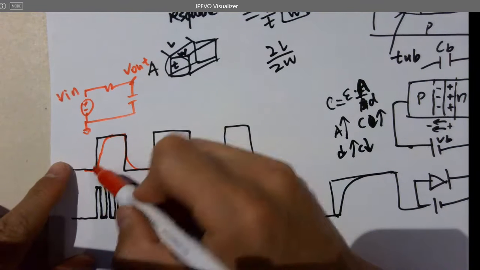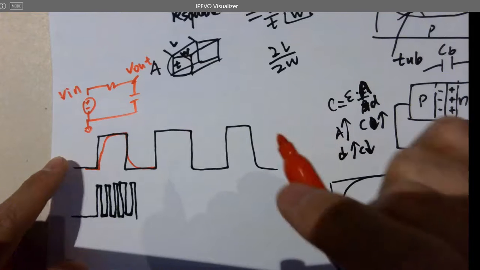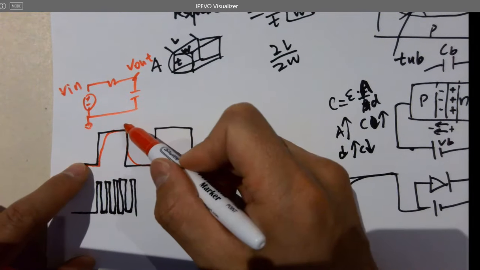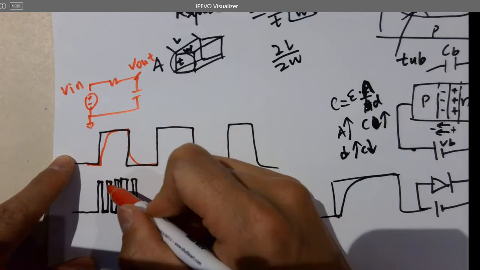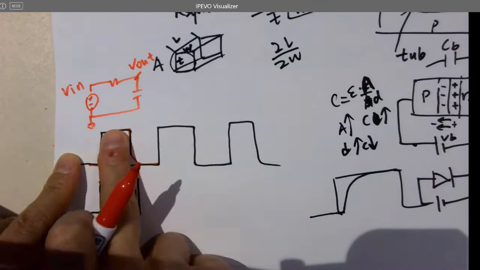This red one is the step response of the circuit, right? You give a step, and then it's going to respond in that way. It's not going to care about what's after it. So by just looking at the step, it's the same step.